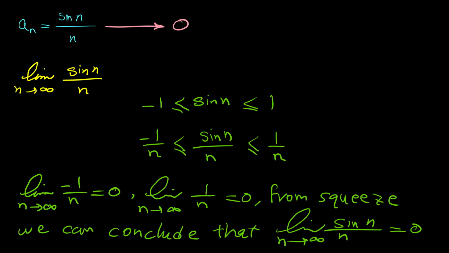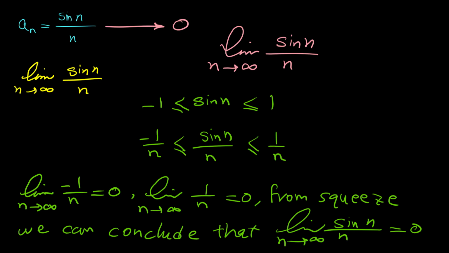If you don't want to give a proof and just want to find the limit of this sequence, you don't need to write all of this. Let me show you why you can find this limit easily without the squeeze or sandwich theorem. This is a proof, but without a proof, how can we find this limit easily?